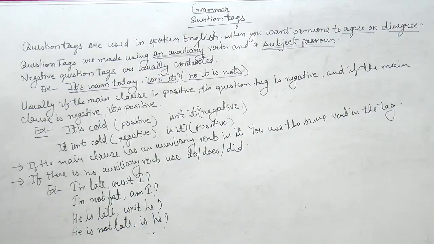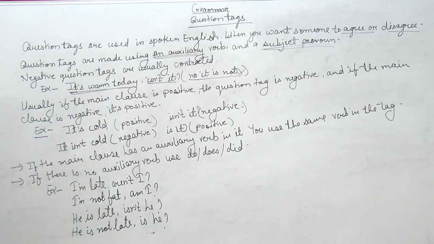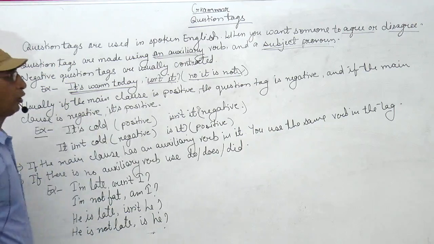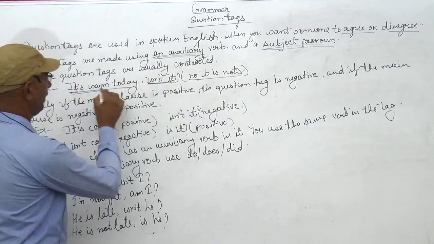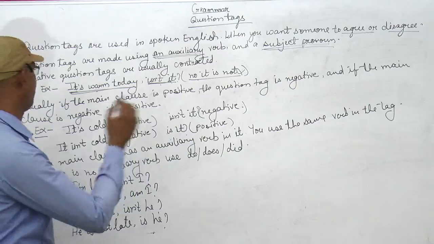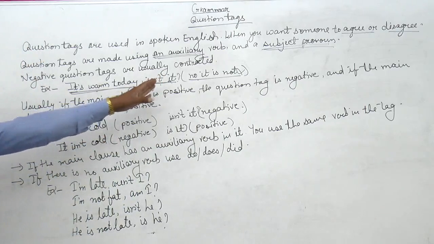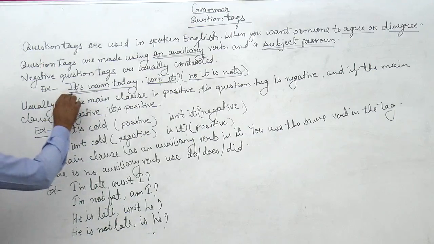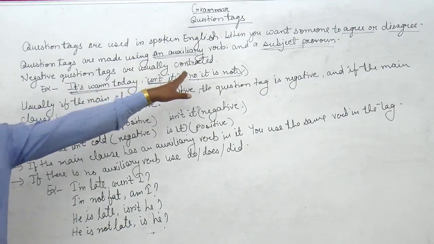Usually if the main clause is positive, like this sentence, the question tag is negative. If it is positive, then it will be negative. And if the main clause is negative, then the question tag will be positive.